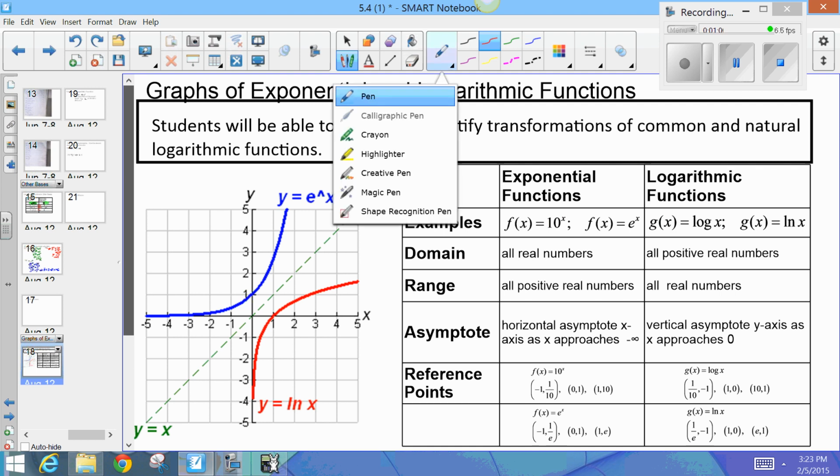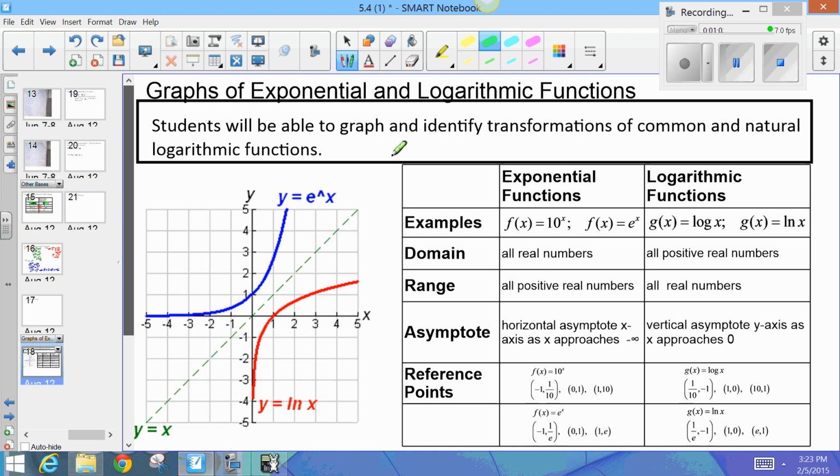And one thing that you should understand is that all inverse functions are reflections of each other across the line y equals x. So if you were to take any point on the blue graph, that's e to the power of x, and reflect it across that green dotted line, you get a point on the red graph, okay? That's a property of any inverse function.